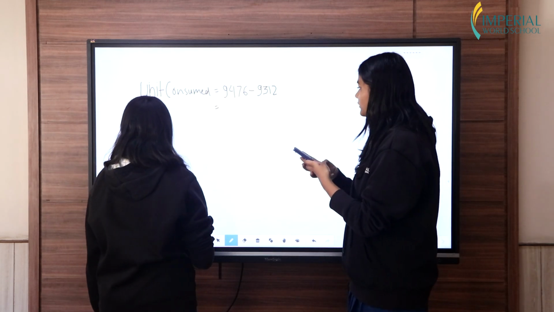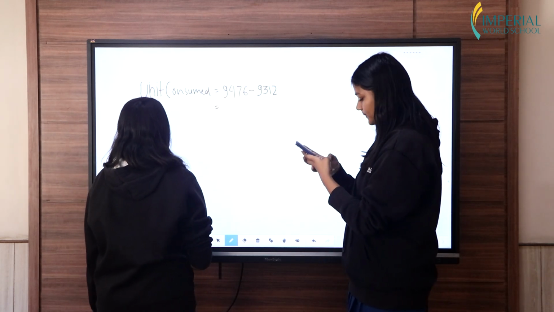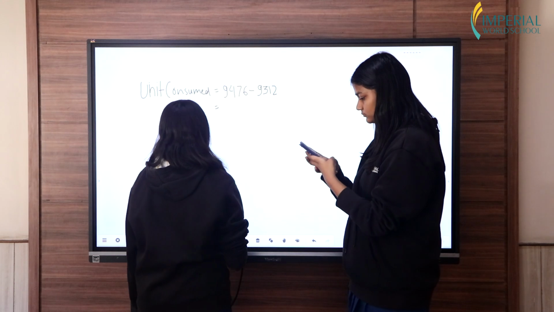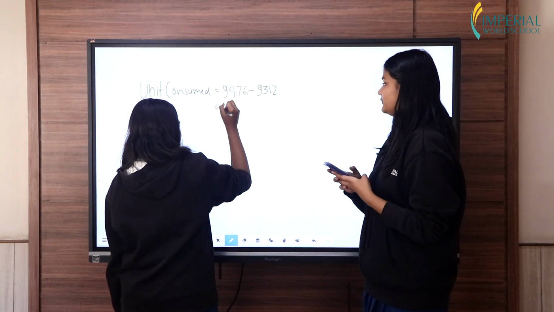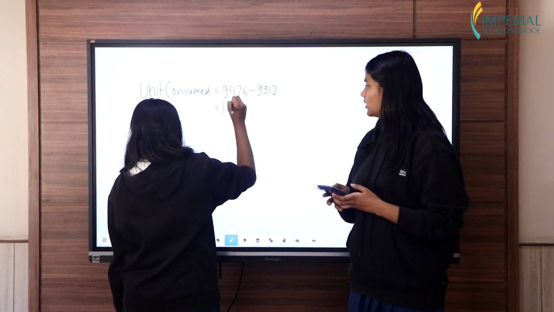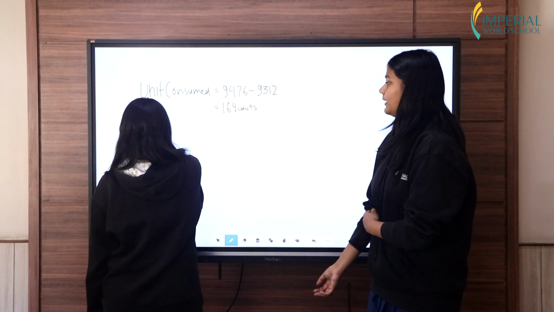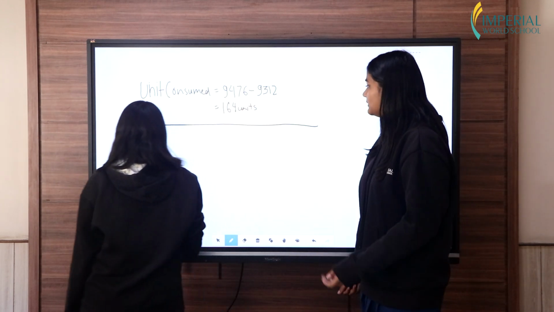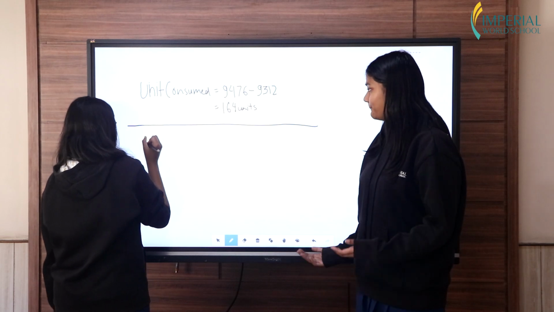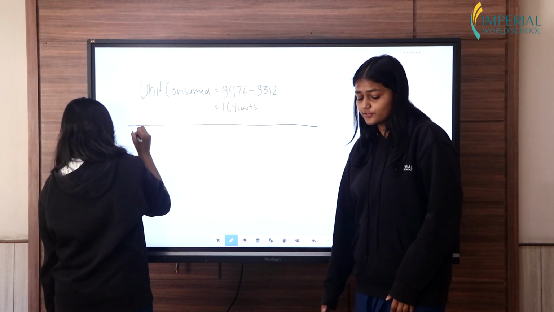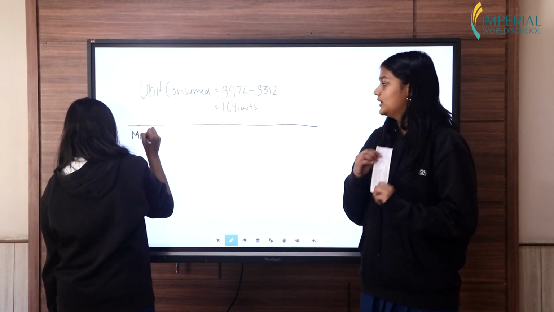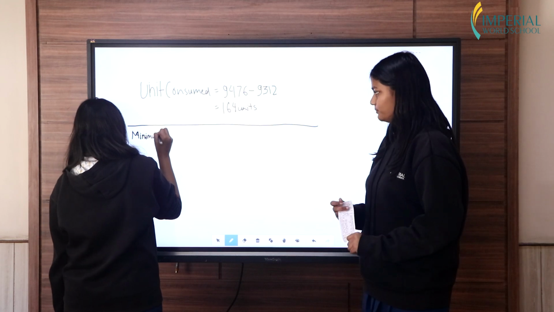So the unit consumed will be 164. Now that we have the units consumed, to find the total bill, we must find the minimum charge for the 15 ampere bill. So the minimum charge for this bill is 125 rupees.